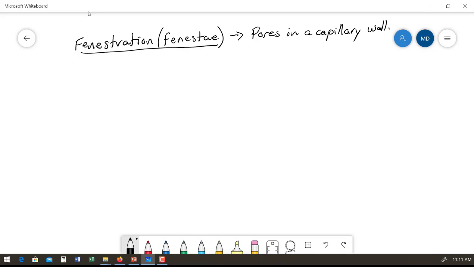The reason why I'm bringing up fenestration again is because fenestration in the glomerulus is very high, very large.